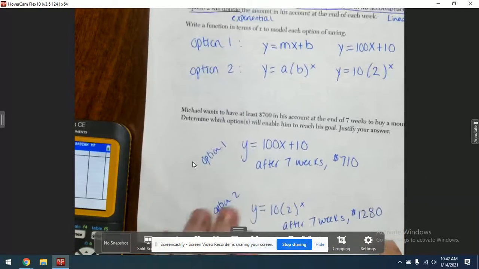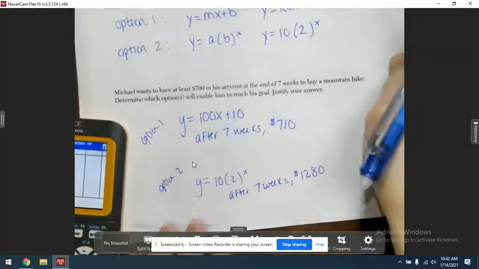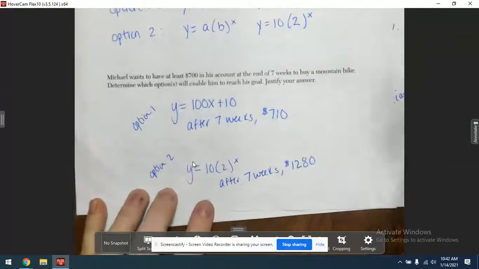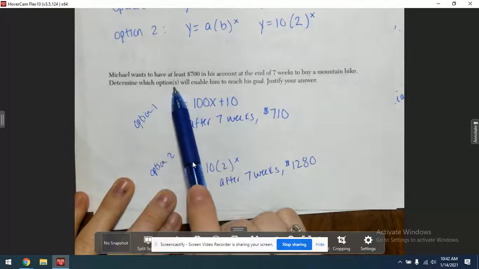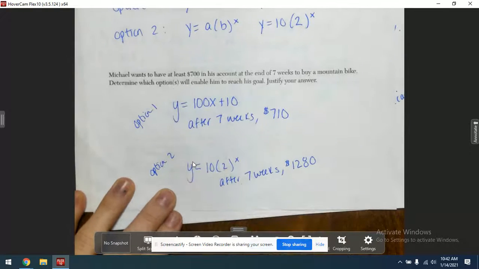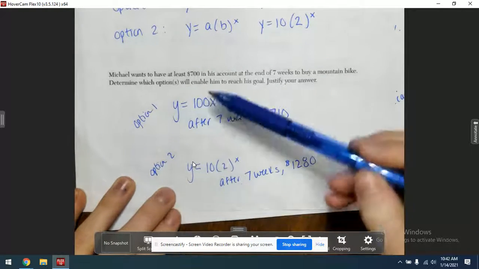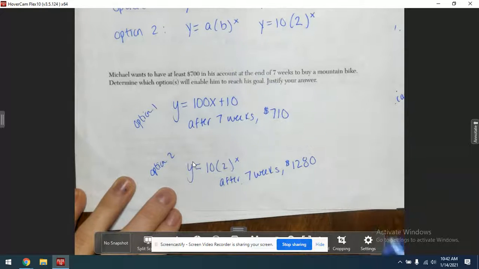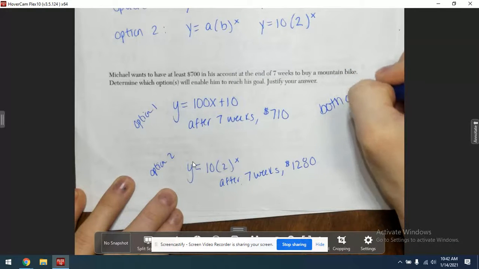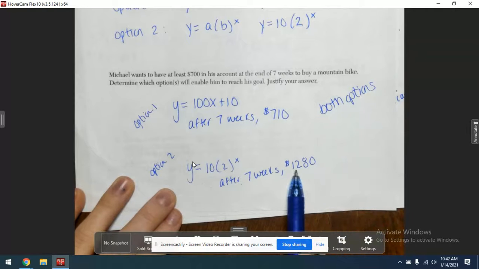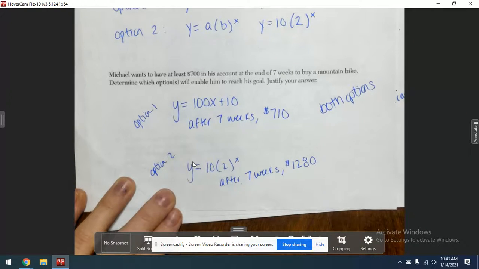Now, you're looking at this and you're like, well, both of them give him $700. Well, read this. It says determine which options will enable him to reach his goal. Justify your answer. So both options will give him his goal. But of course, this one's giving him a mountain bike plus a helmet or whatever else he wants to buy, right?